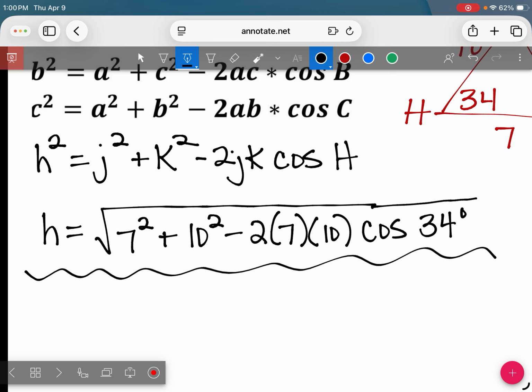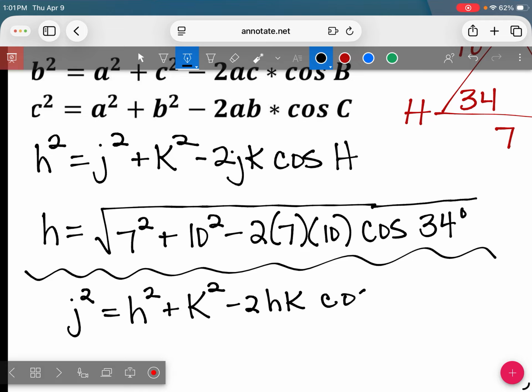So my formula will start little j squared equals, what are my other two sides? Now it's not j and k, it's going to be what? H and k. So h squared plus k squared. Then it's minus 2 times hk cosine of big J.